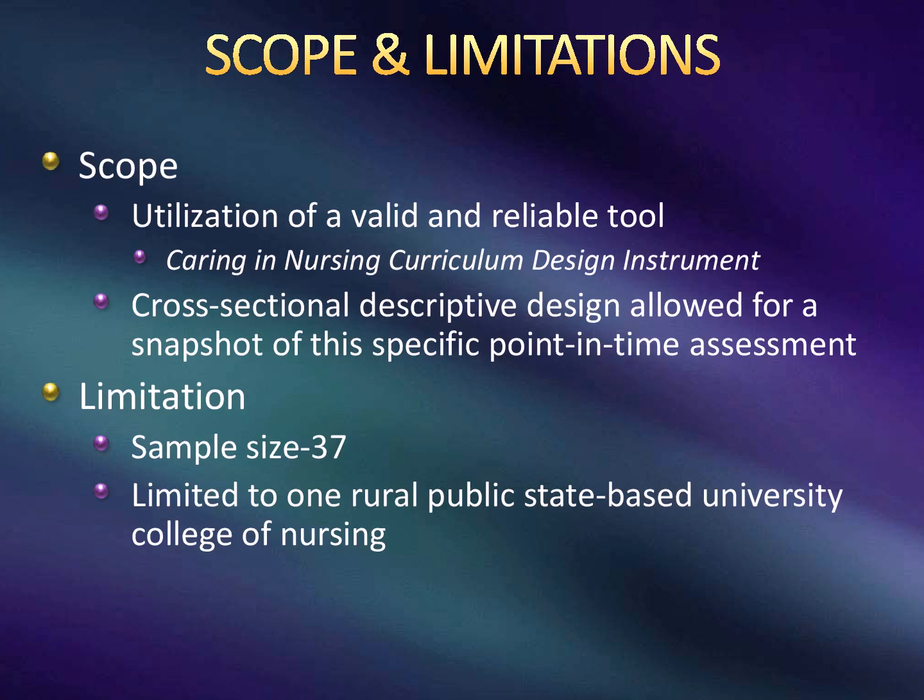Scope and limitations. The scope of this project includes the utilization of a valid and reliable tool which yielded usable data to assess nurse faculty perceptions of teaching, caring, and nursing curriculum.